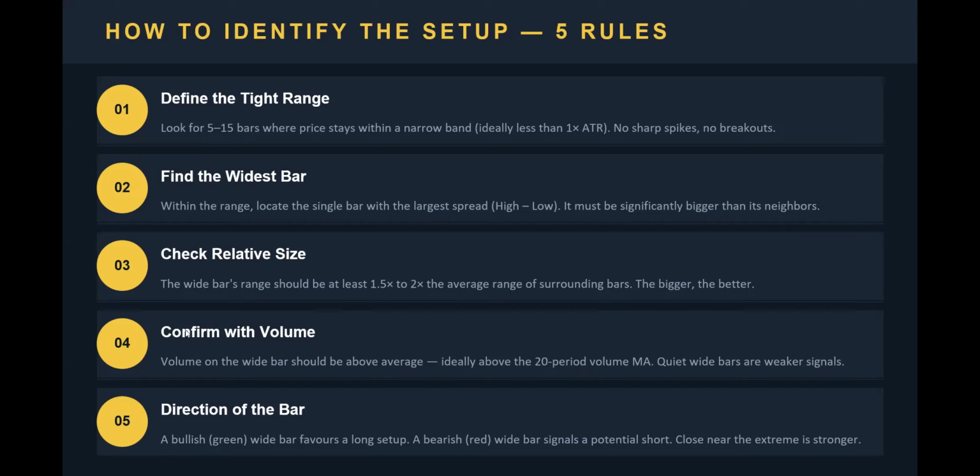So the fourth step is confirm with volume. Volume on the wide bar should be above average, ideally above the 20 period volume moving average, or you can utilize my Nalini precision engine.